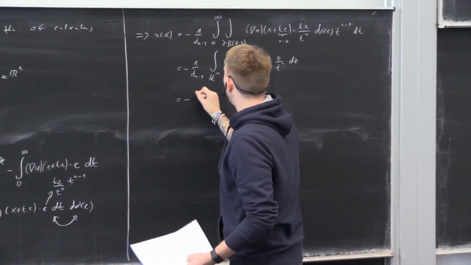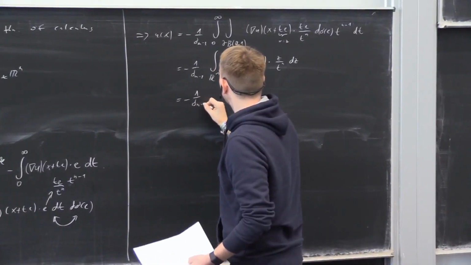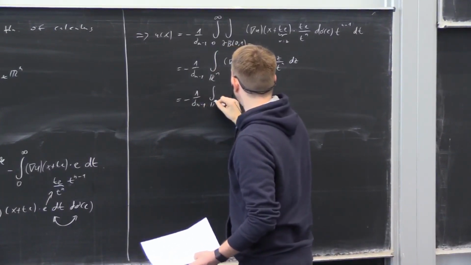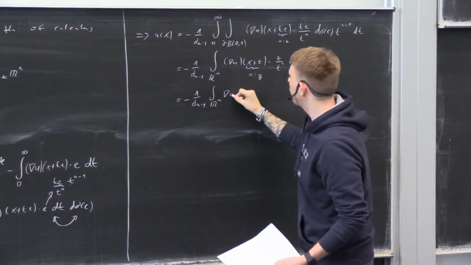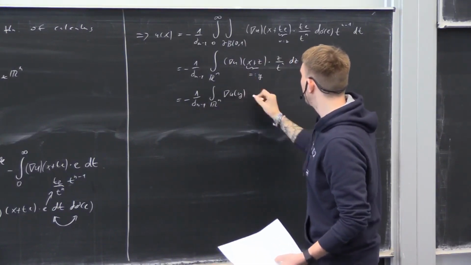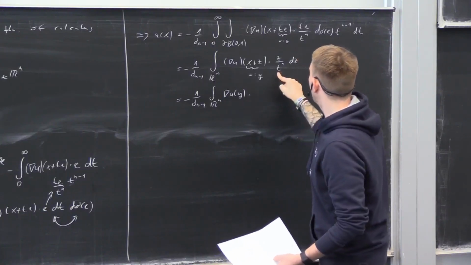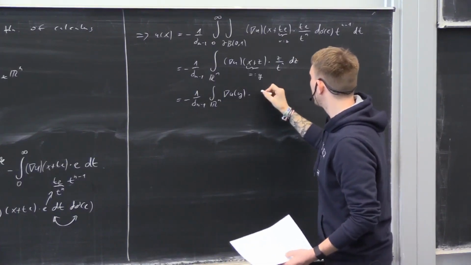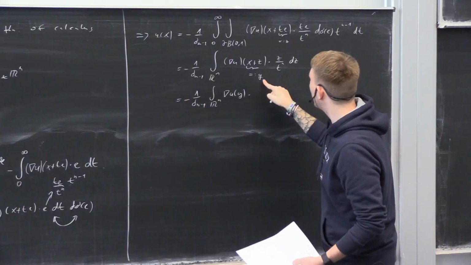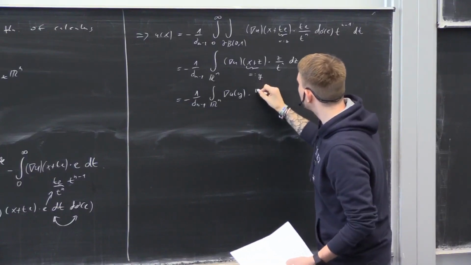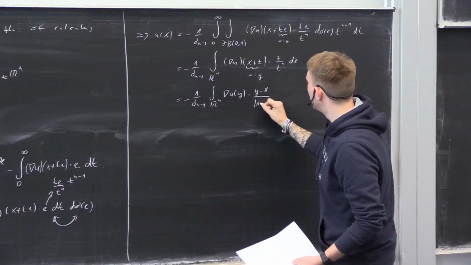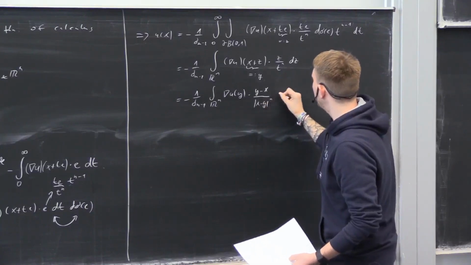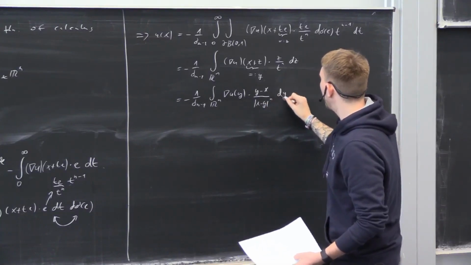It gives us first minus sigma to the n minus 1 integral over Rn. Now here I really just get the gradient of u evaluated in y. Then here I get, so z becomes then y minus x over |x minus y|^n dy.